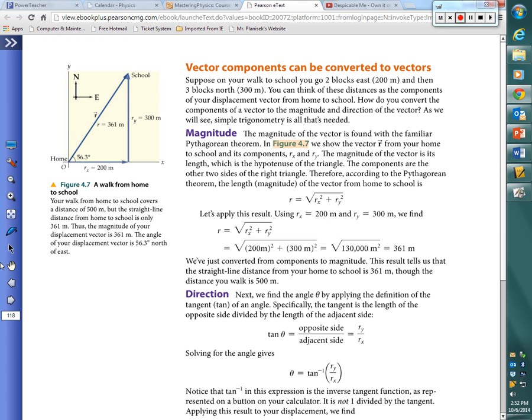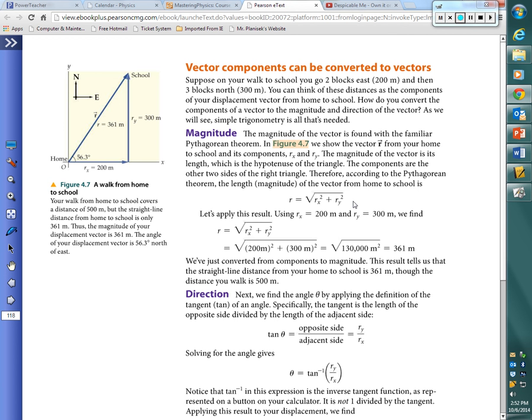It just so happens that you cover distance 200 east, 300 north. It wants to know the displacement. So if we have the 2 sides of the triangle, we can figure out the hypotenuse using what? Pythagorean theorem, right? Which is here in the middle of the page. Remember, you have to take the square root in order to get the actual value of that displacement, okay?